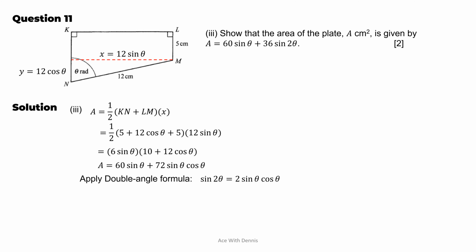Applying the double angle formula, sine 2 theta equals 2 sine theta cosine theta, the area becomes 60 sine theta plus 36 times 2 sine theta cosine theta, which is 60 sine theta plus 36 sine 2 theta. Hence shown.